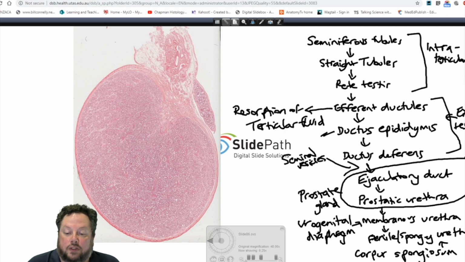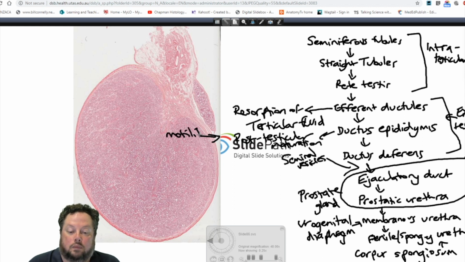The ductus epididymis is really important for post-testicular maturation. It's within the ductus epididymis that sperm gain their ability to swim, so they gain their forward motility there.